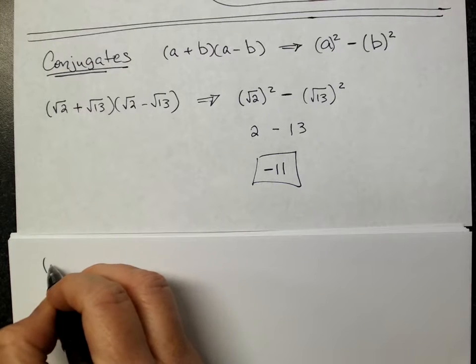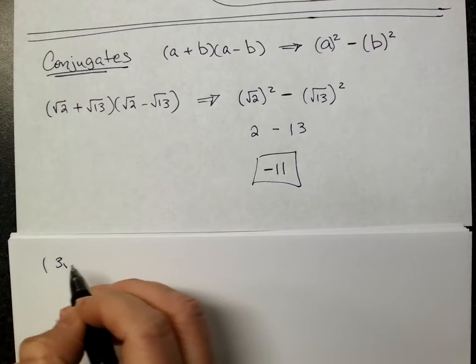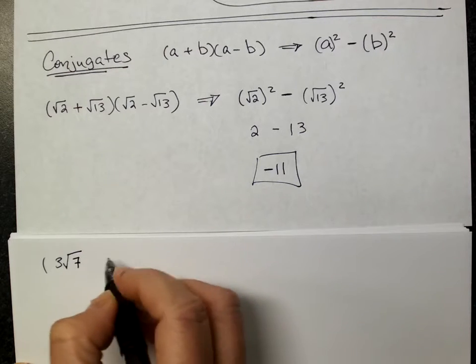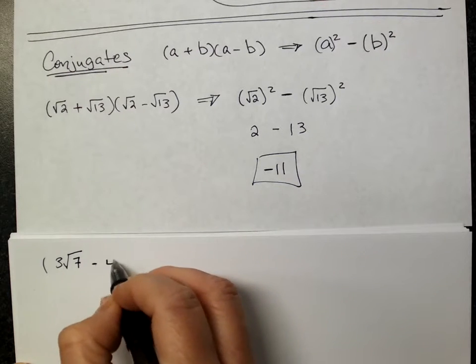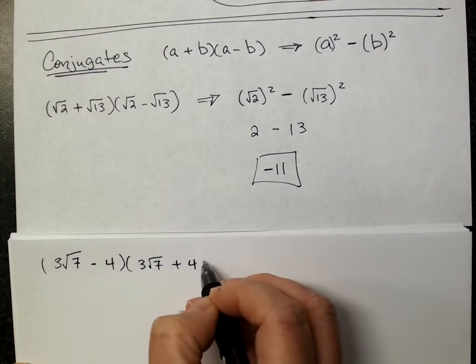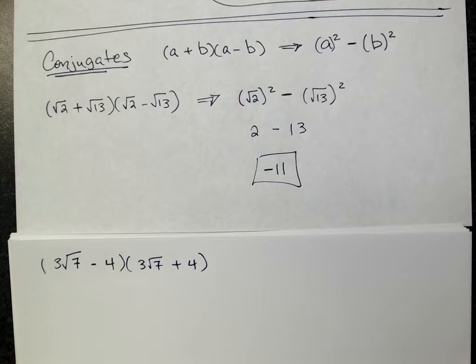Let's do 3 square root of 7 minus 4, 3 square root of 7 plus 4. Doesn't matter which one's plus and which one's minus. Doesn't matter which one comes first. One's plus, one's minus. Same A's, same B's.